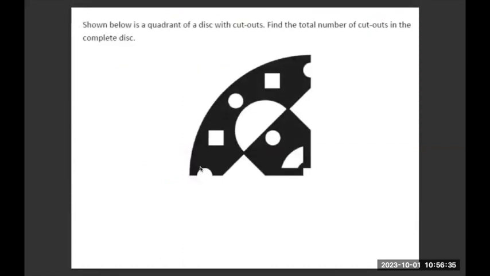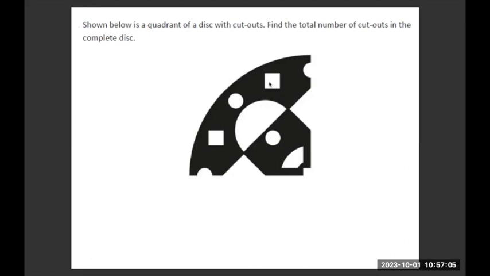Here you are given a quadrant, a slice. This is one quadrant of the whole disk. You have to find the total number of cutouts that the whole disk will have. This is just one quadrant of the whole circular disk. In this case, please first count how many cutouts will be repeated 4 times, because it's a quarter.